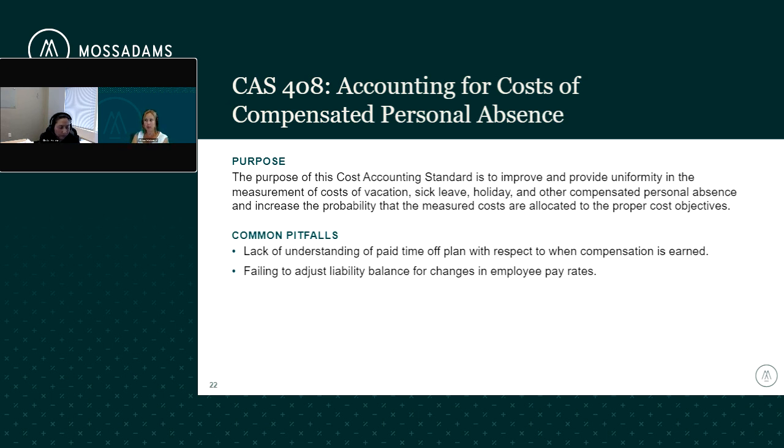So, typically sick time, jury duty leave, holidays, those aren't typically paid time off that an employee would accrue over time. They would typically gain that entitlement once that day comes. So that wouldn't necessarily be something that you would recognize ahead of time.